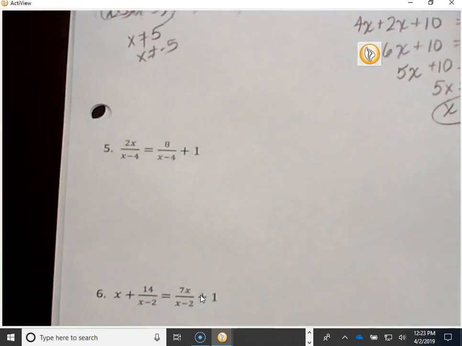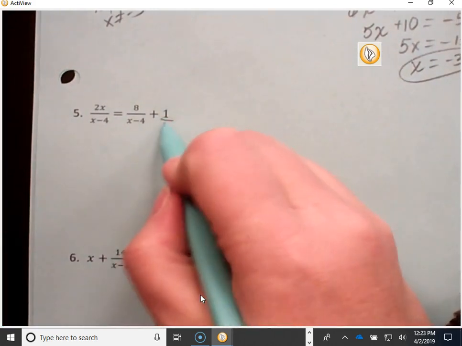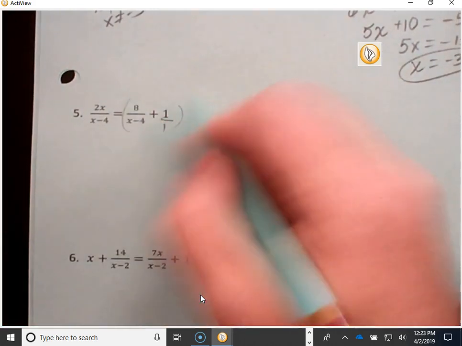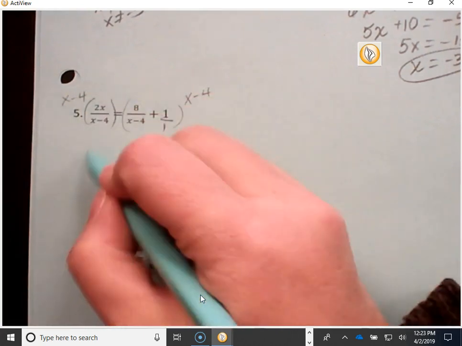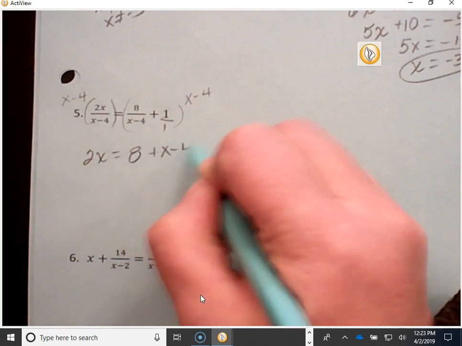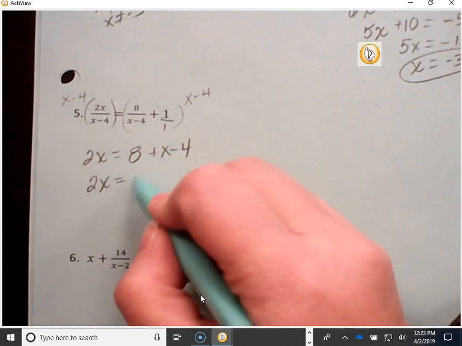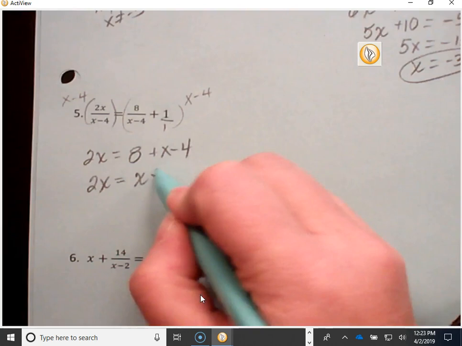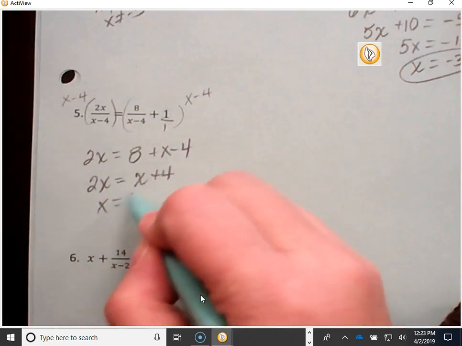Oh yeah, we got lots of time. For number 5, hey, this has a denominator of 1. So we're going to multiply everything by x minus 4. So that gives us 2x equals 8 plus x minus 4, which means 2x equals x plus 4, which means x equals 4.